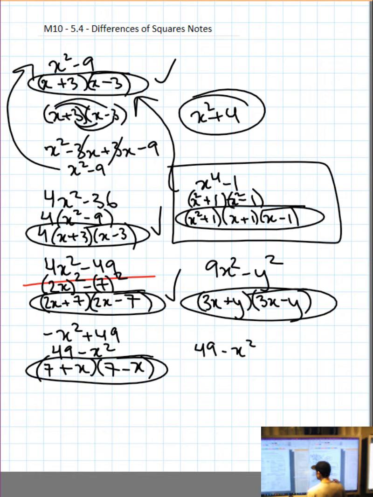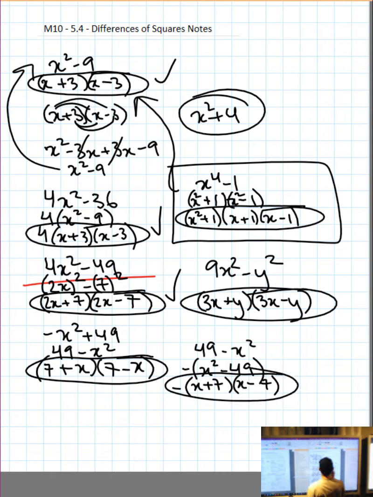We can take out a negative, negative open bracket. Go back to the first section, remove greatest common factors of negatives. Now we want to take out a negative and rearrange the order of the terms at the same time. So we have a negative x squared above, so negative times x squared. And then we have a positive 49, so we're going to need a negative 49. Then we just have a negative in front of our brackets, x plus 7, x minus 7. These solutions are equal to each other.